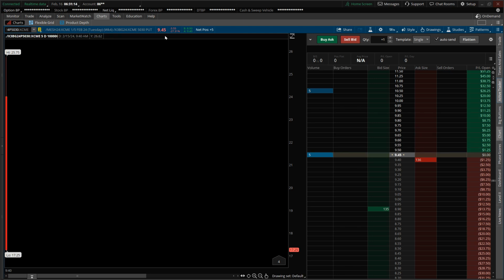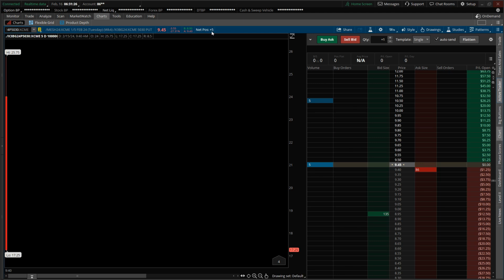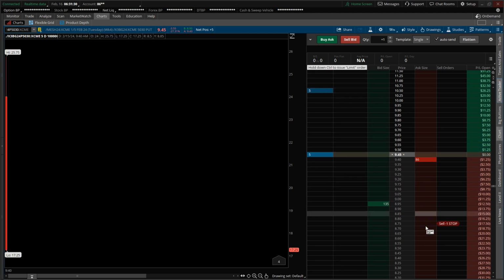So it's the option premium, $9.45 times 5. So one option contract is actually valued at $47.25 per contract times the number of contracts, and that equates to $236.